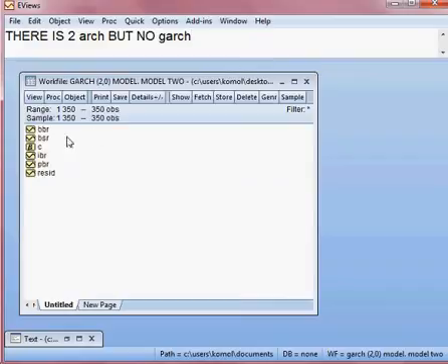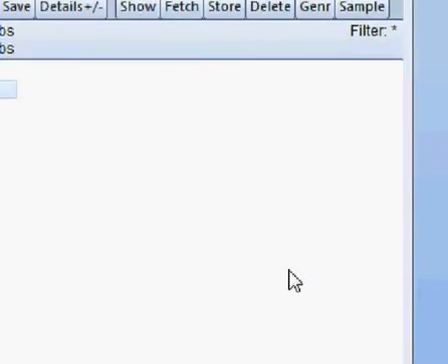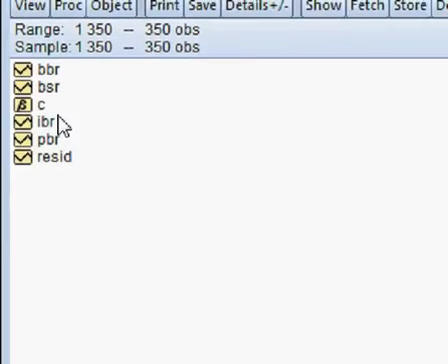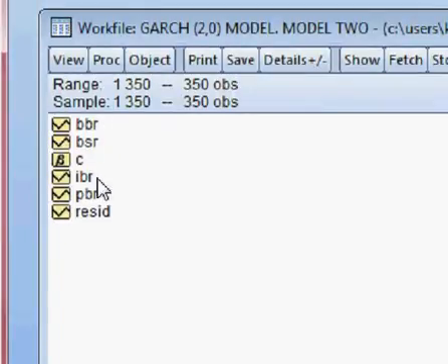And we have the data. You can see all the data: BBR, BSR, IBR, and PBR. I can zoom in for you. What is BBR?